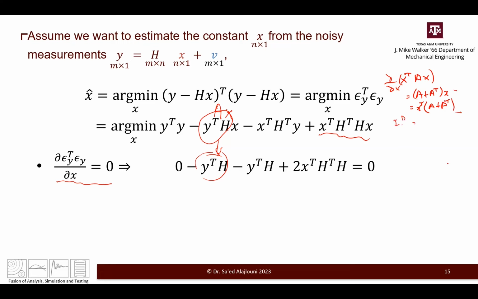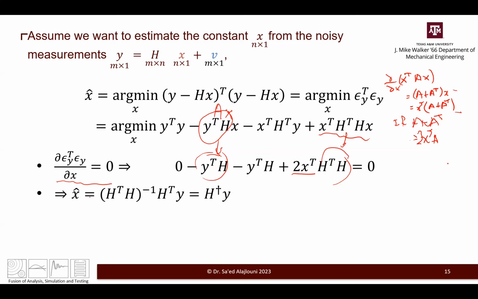If A equals A transpose, then you get, for example, 2 times x transpose times A. So this is the same thing, 2 times x transpose times this matrix, which happens to be H transpose H, a symmetric matrix. Okay.